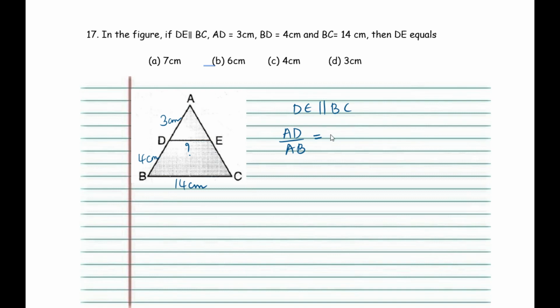AD by AB equals DE by BC. What is AD? AD is 3 centimeter. AB is 3 plus 4, which is 7.